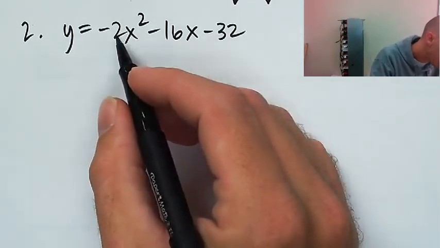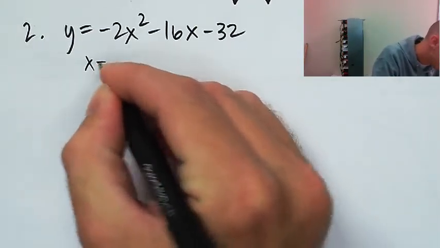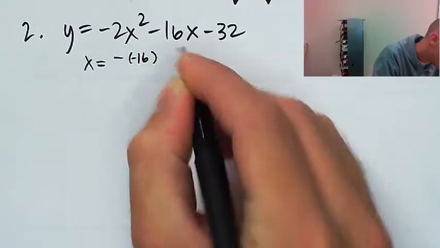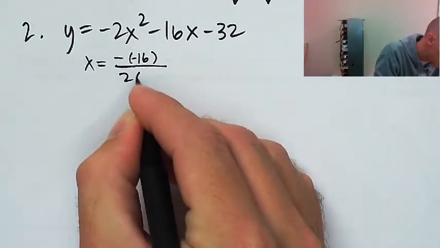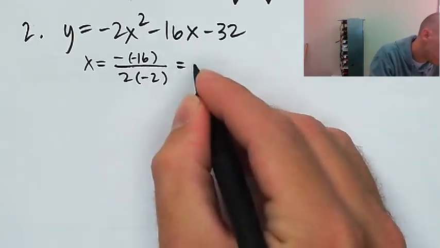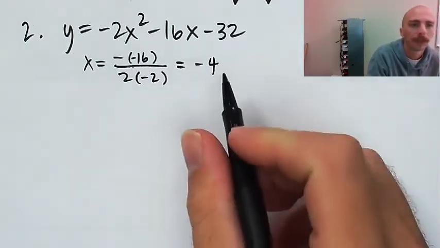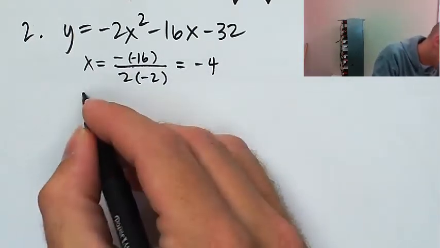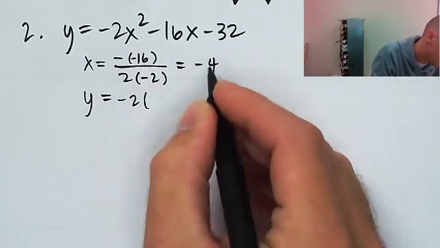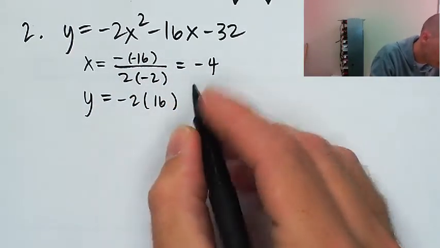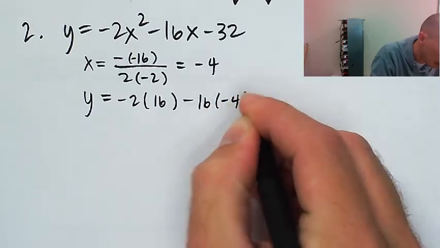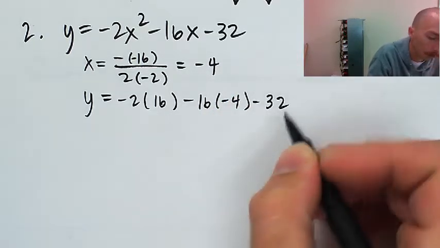All right. Then negative b will be negative of negative 16, divided by 2a, which is 2 times negative 2. So I've got 16 over negative 4, which is negative 4. And then the y-coordinate is what I get when I plug in negative 4 for x. So that's negative 2 times, if I square negative 4, I'll get positive 16, minus 16 times negative 4 minus 32.